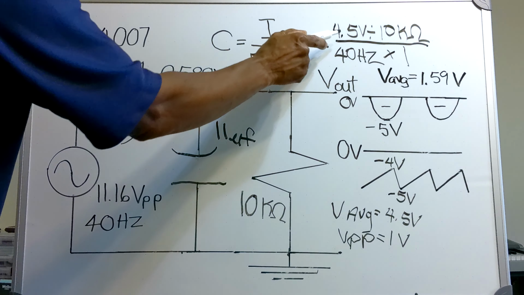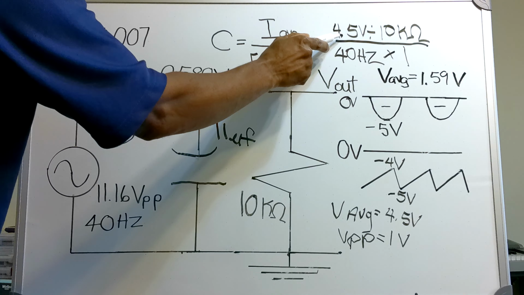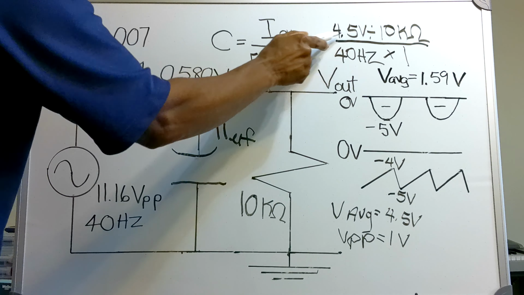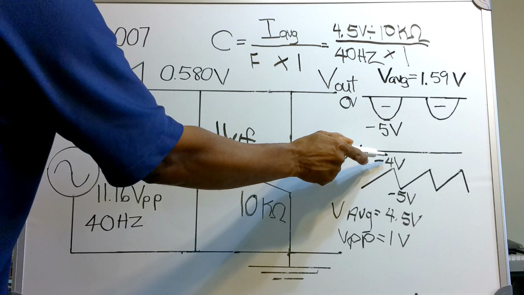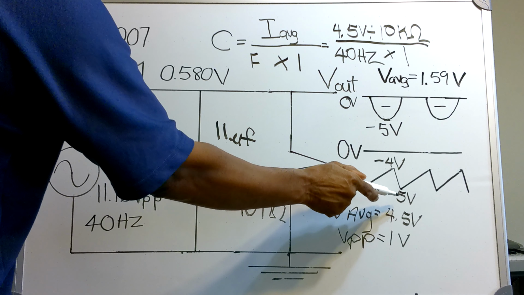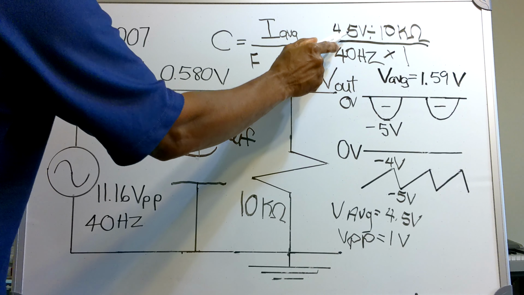Now, where did I get this 4.5 volts from right here? Right here is 4 volts. This is 5 volts. So where did I get the 4.5 volts from?